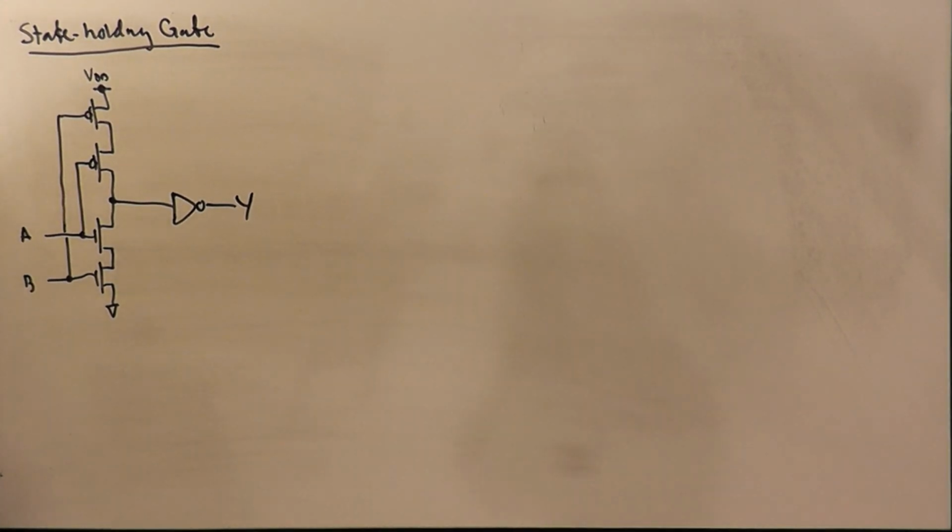And so the pull-down network conducts when A and B are both high.